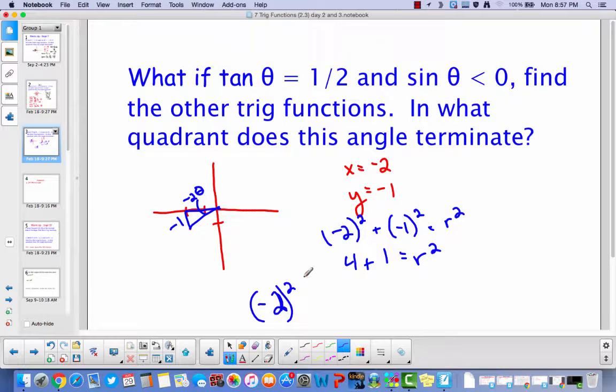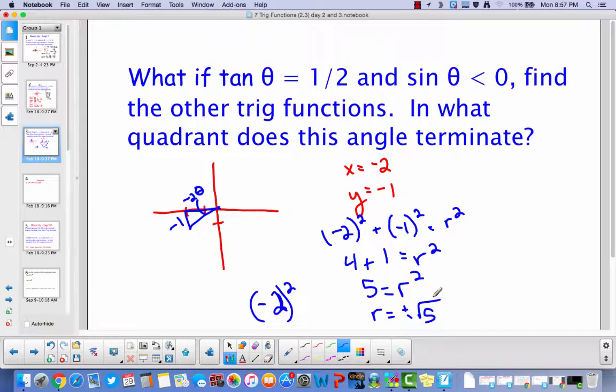Please, please, please realize that anytime you do these, if you have a negative value when you square it, it's going to be a positive. So 5 equals r squared. So then r equals plus or minus the square root of 5.